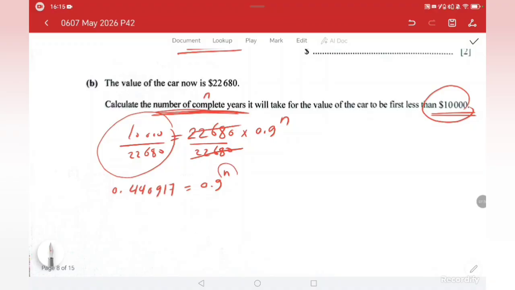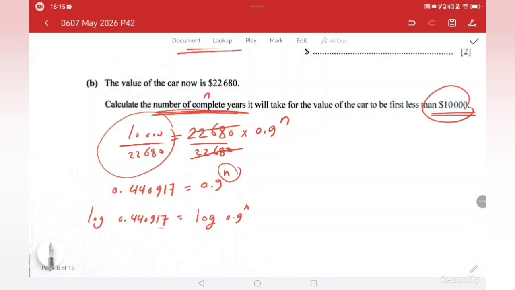Okay, now to find n, you can take log for both sides, or you can take ln. Both are okay. So if I take log for both sides, log of 0.9 to the power of n and log of 0.44.